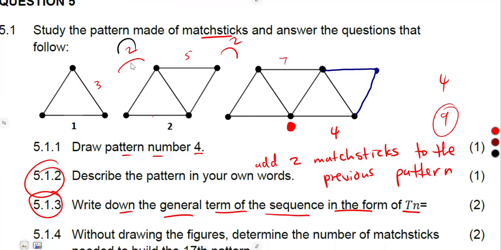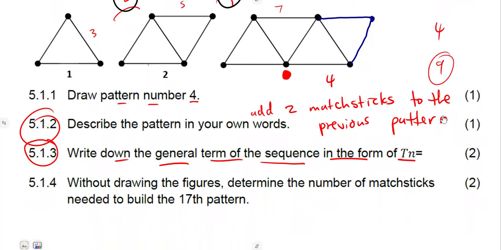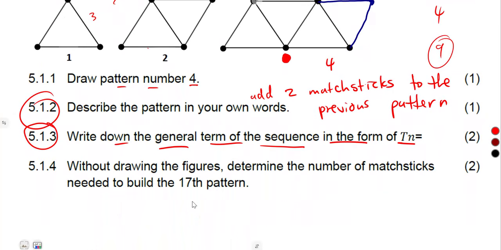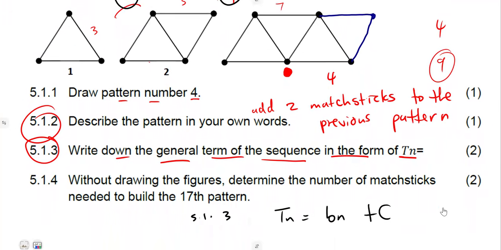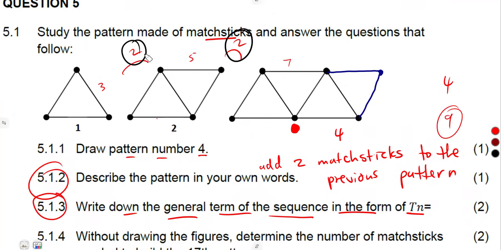All right, remember guys, we already saw that there is a difference of 2 throughout. There is a difference of what? Of 2. So this gives us what? A numerical sequence, which is actually a linear sequence that you are dealing with, or a linear pattern. So Tn is equal to Bn plus C, or you can use Dn plus C, where B is the constant difference, that 2, 2, 2 that we see.